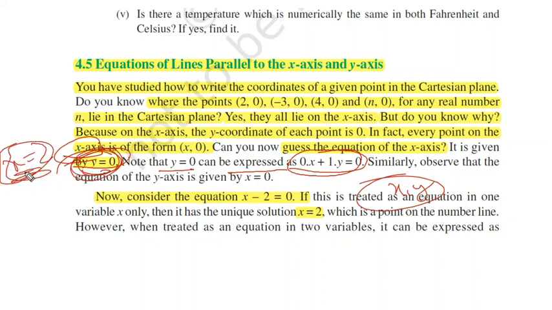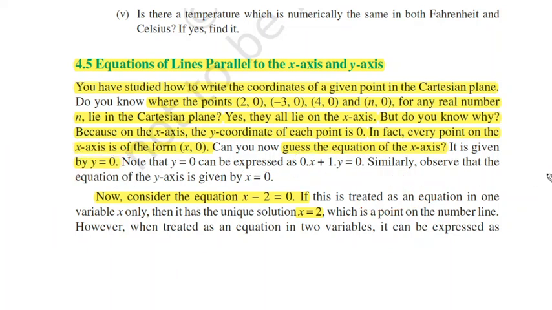So we represent y equal to 0 as a linear equation in two variables. We can write it as 0 into x plus 1 into y equal to 0.